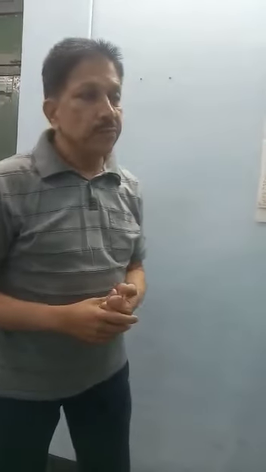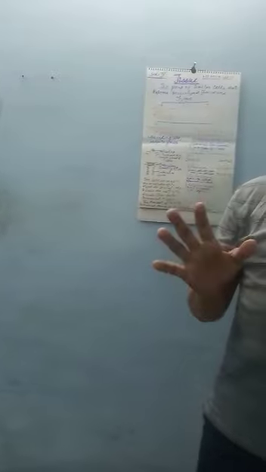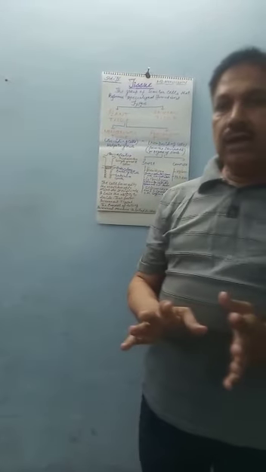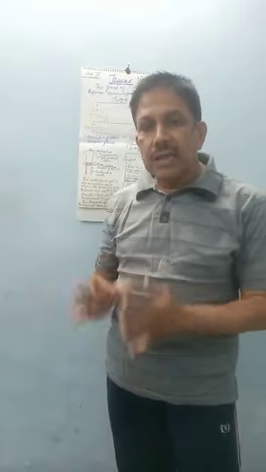Now, about the meristematic tissue. The meristematic tissues are of three types. One, apical, second, lateral, and third is intercalary, as given in the photo. Apical on the tip, lateral on the side, and intercalary in the middle.